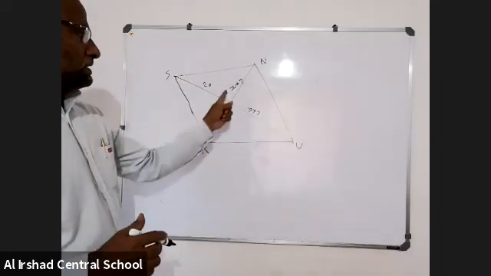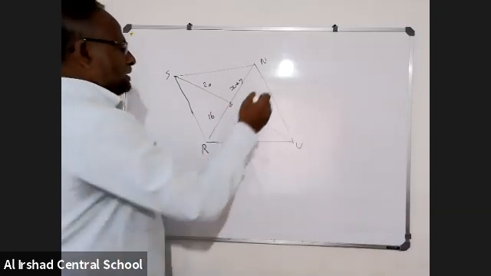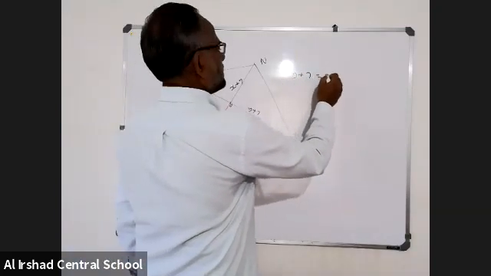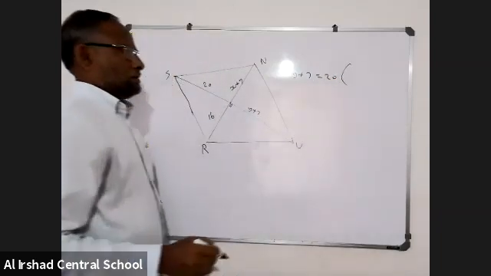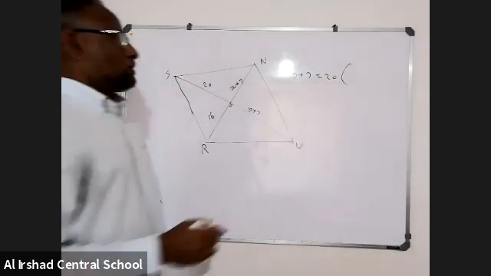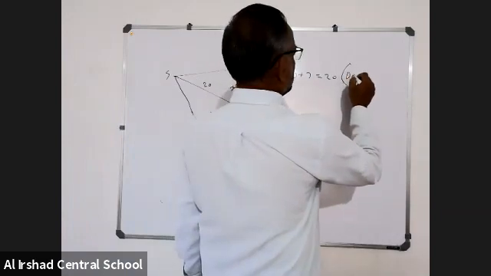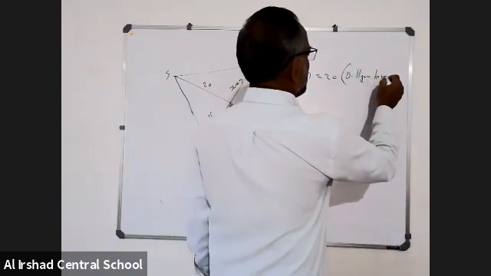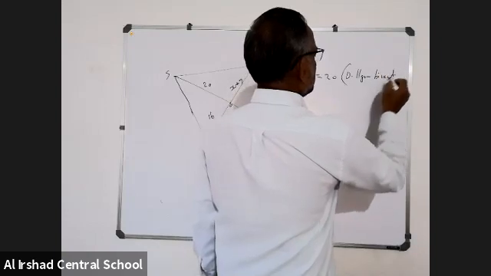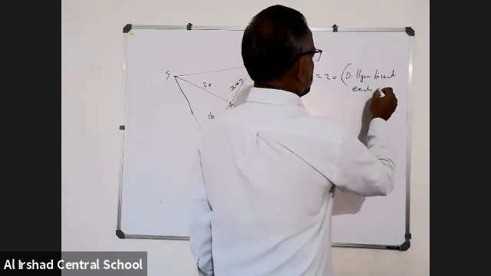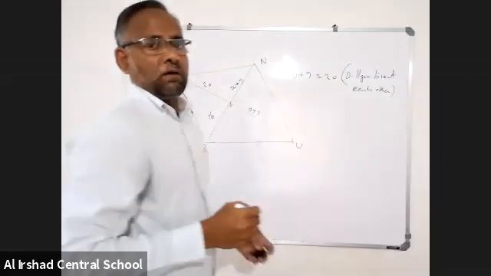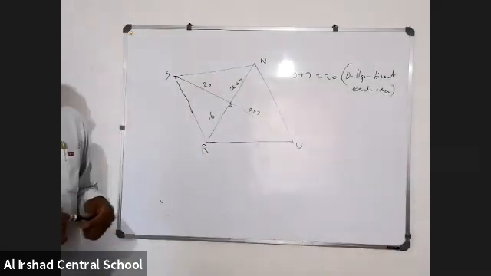Two equations. First, write Y plus 7 equal to 20. Reason: the diagonals of a parallelogram bisect each other.